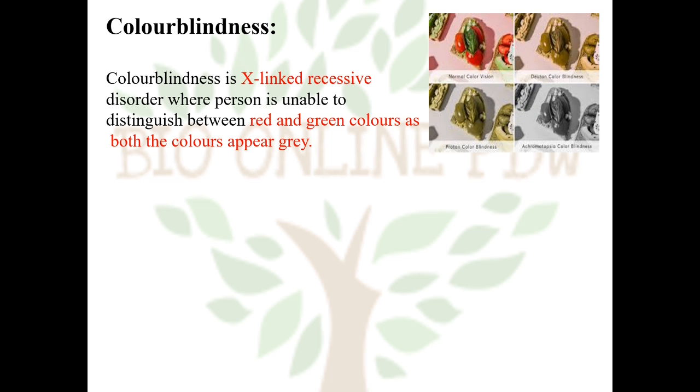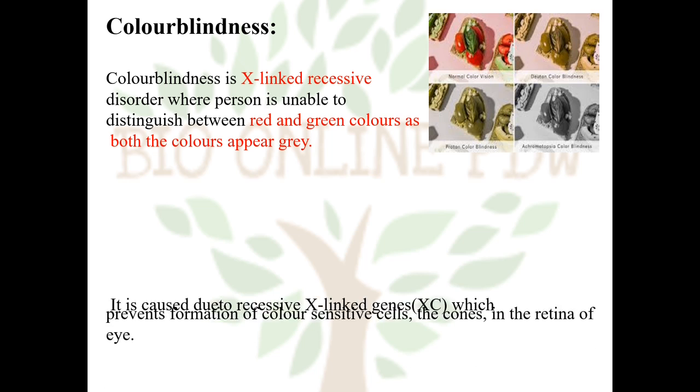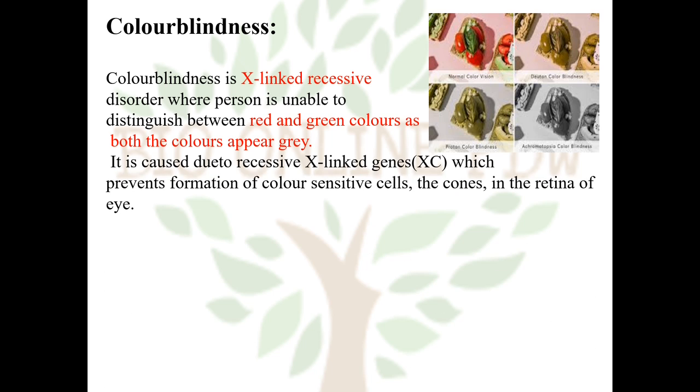In this diagram you can see the first picture shows the vision of a normal person, and the opposite picture shows the vision of a colorblind person. It is caused due to the recessive X-linked gene, capital X, small c, which prevents formation of color sensitive cells called the cone cells present in the retina of the eye.